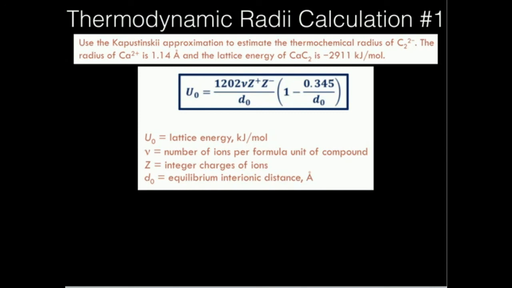So if we had a simple cation and a simple anion, we can just add them together and get a good approximation. But sometimes we actually just want to calculate the interionic radius, not the lattice energy, because we can determine the lattice energy from a Born-Haber cycle, and then we can use that to calculate D naught. Okay, so we're going to calculate the equilibrium interionic distance in the next video.